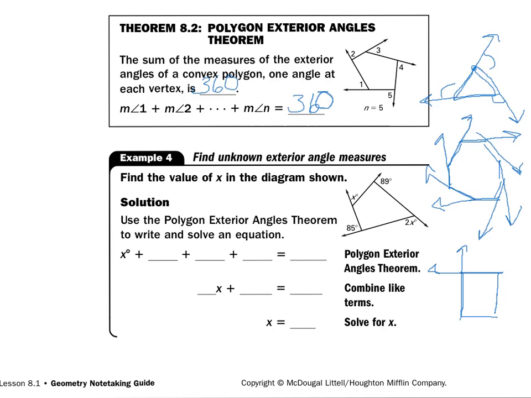So x plus 89 plus 2x plus 85, that's going to equal 360. So 3x plus, what is 89 plus 85? That is 174. And then that equals 360. Subtract 174 and then divide by 3. And we should get 62.